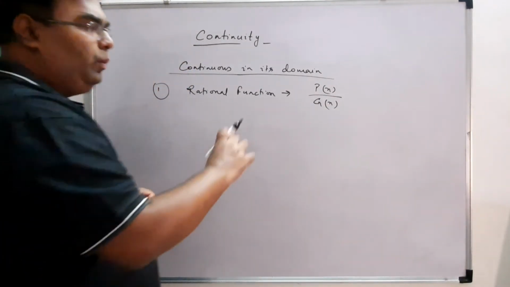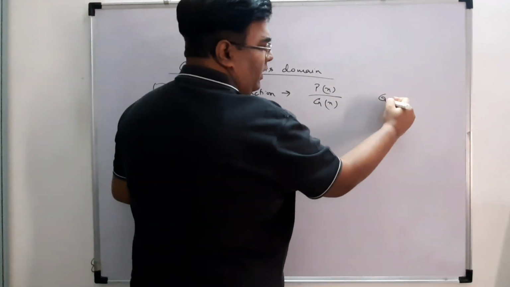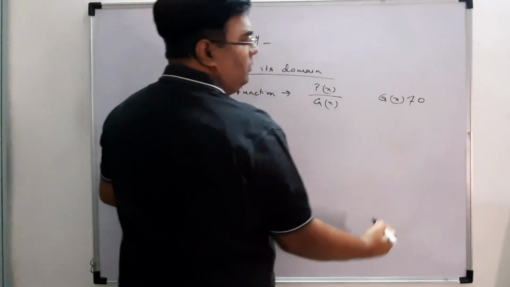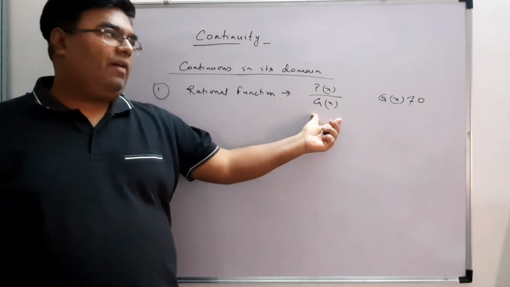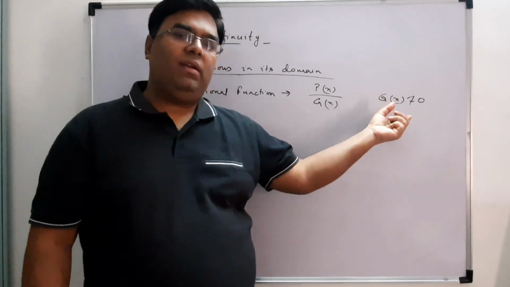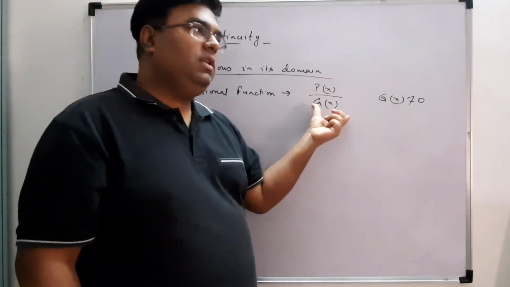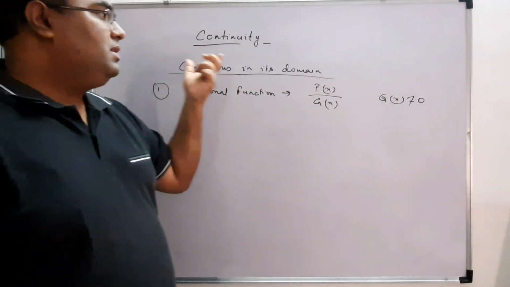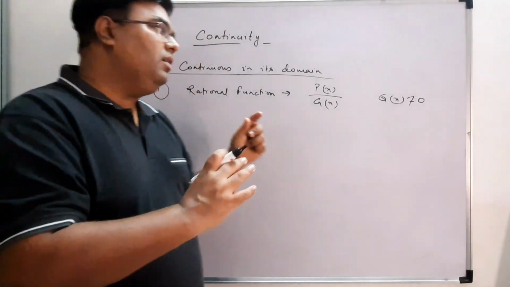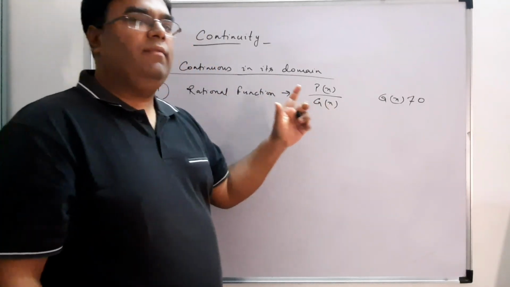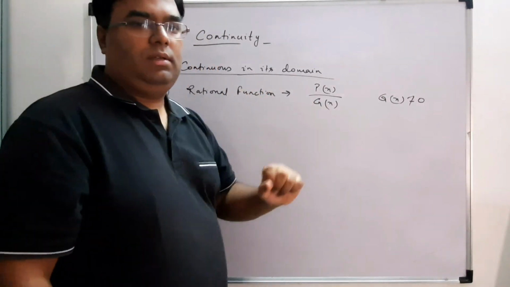So the domain of this function is what? That q(x) should not be equal to 0, our denominator is not equal to 0. Since we have a restriction here, we have a point where we cannot define our function. It is called continuous in its domain. So first we need to find the domain of the whole function and then we can call it continuous. Correct?